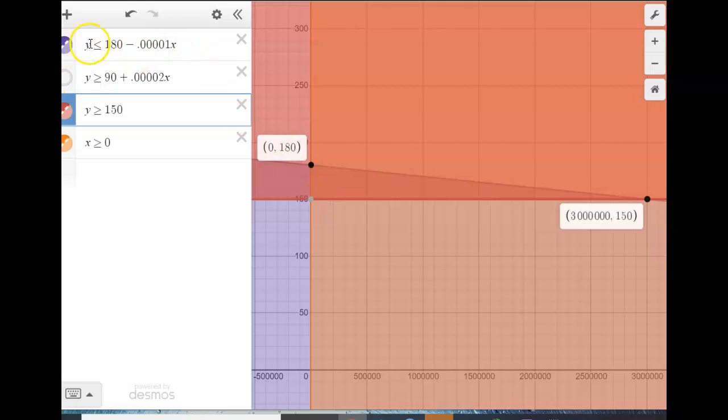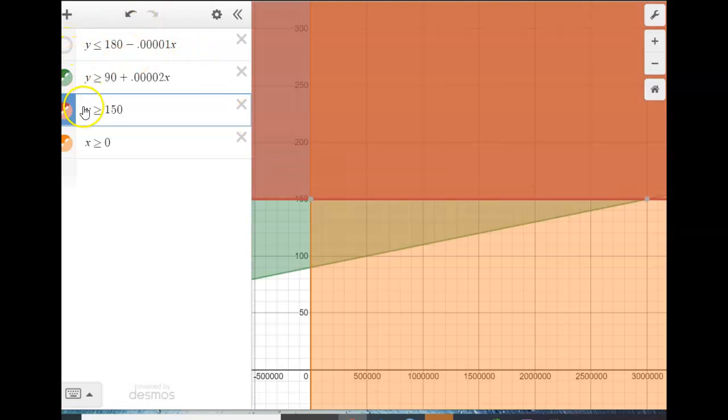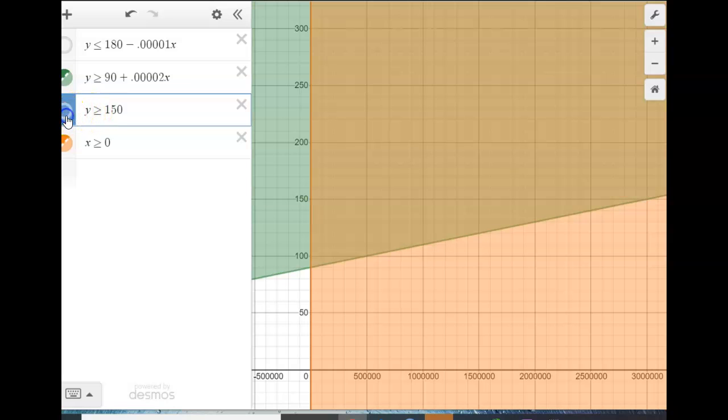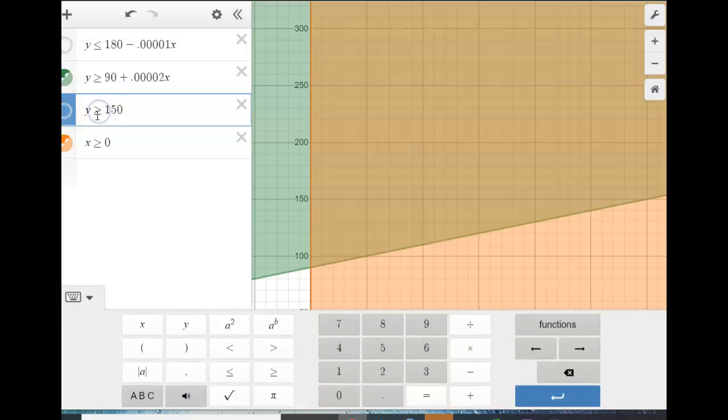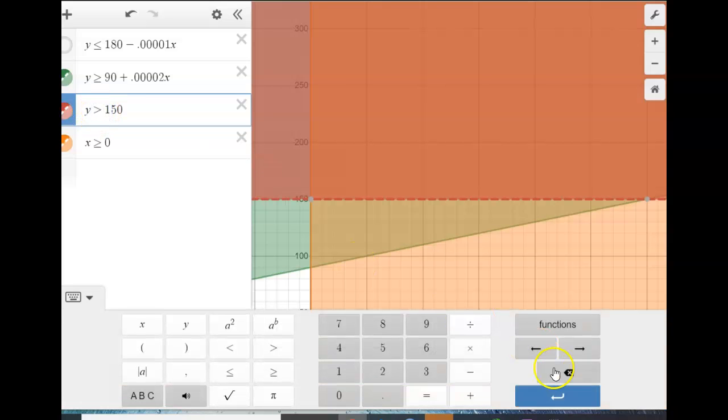And for the producer surplus, let me show you with the graph. So now we want this one, we don't want this one, and we want this to be greater than, or equal, I should say.